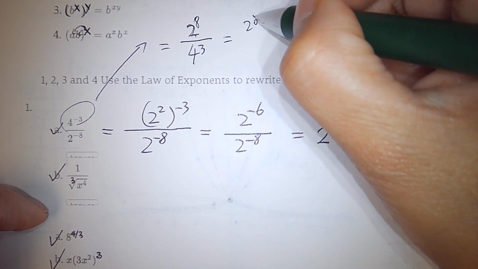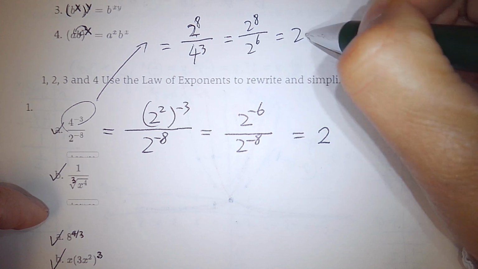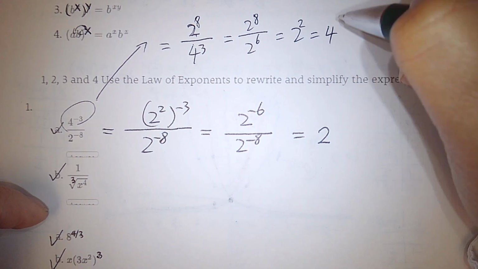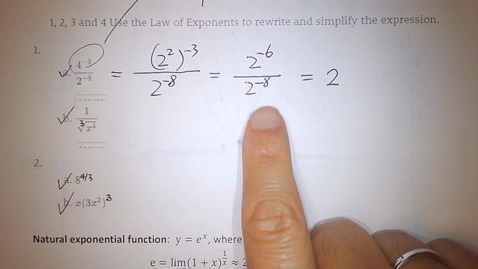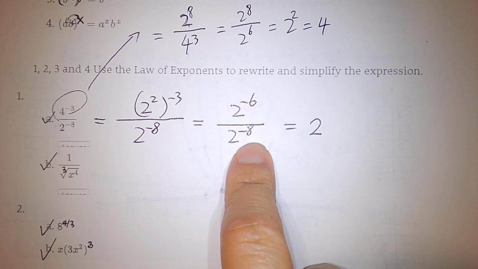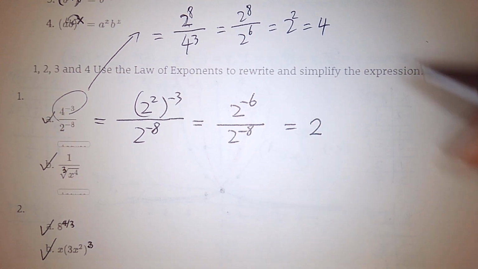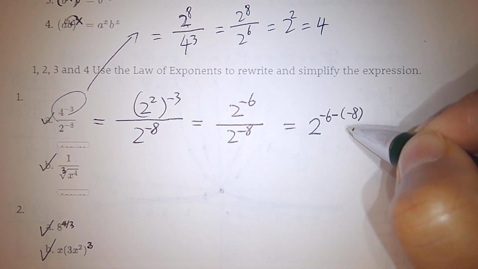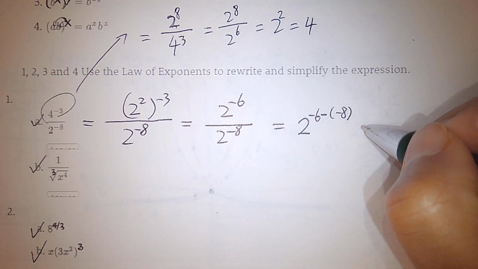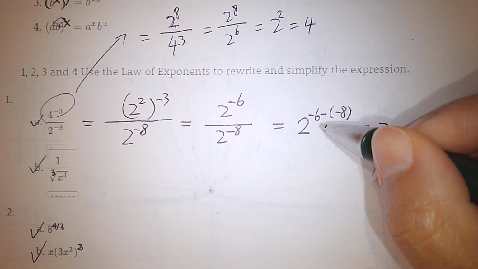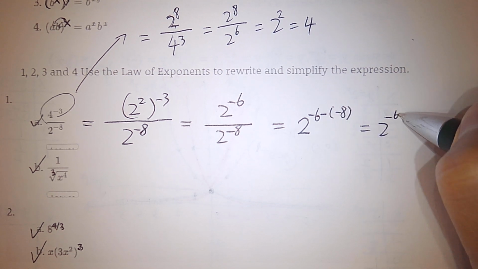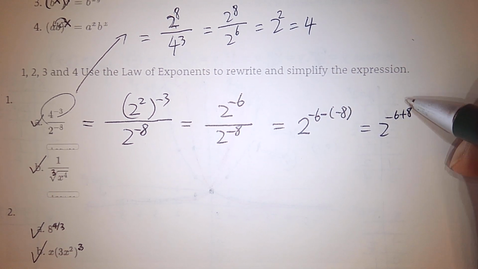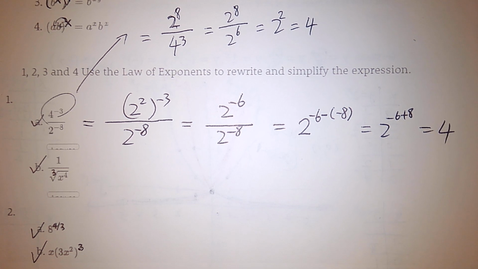Now you can make it this way, 2 to the 6th, since 2 squared is 4, right? So if we are using this option, how about the exponent, guys? It's negative 6 minus what? Negative 8, careful. And then this gives us 2 to the negative 6 plus 8. What is it? Positive 2, so 4.